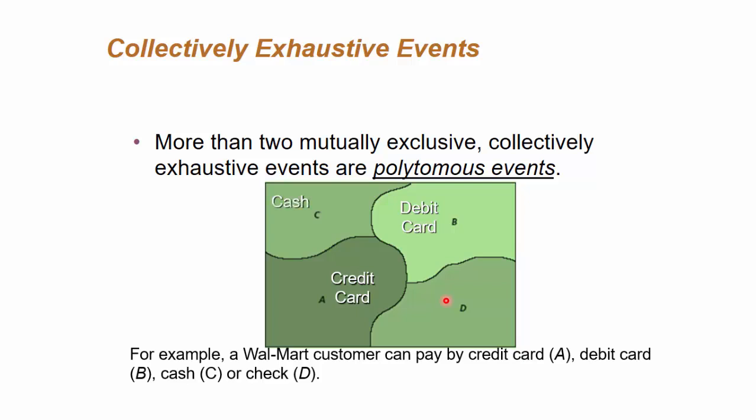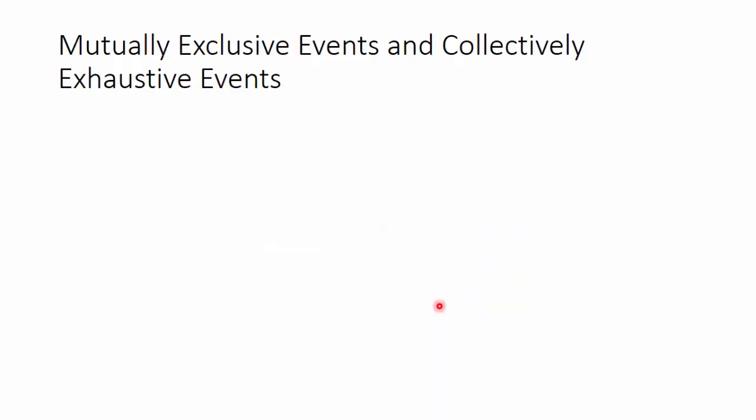It could be by credit card, event A, by debit card, event B, by cash, event C, or by check, event D. So the entirety of the payment is summed up either by cash, debit card, credit card, or by check. So all payments fall into any one of these categories. Hence, this particular event is collectively exhaustive.